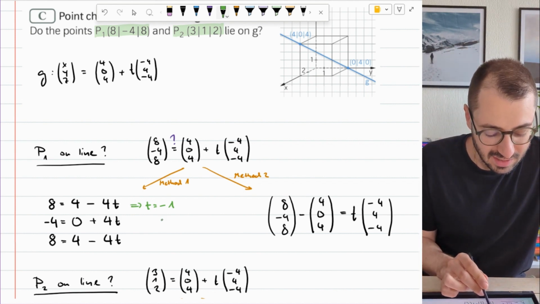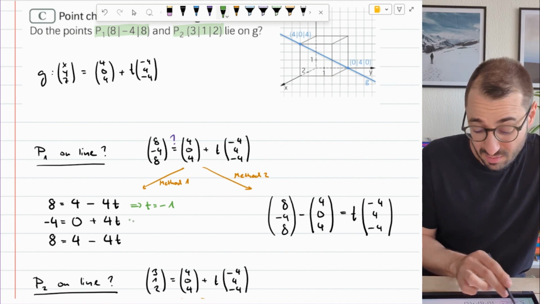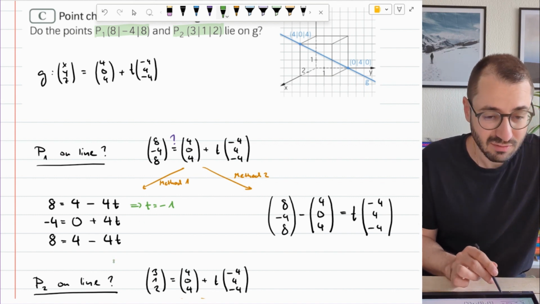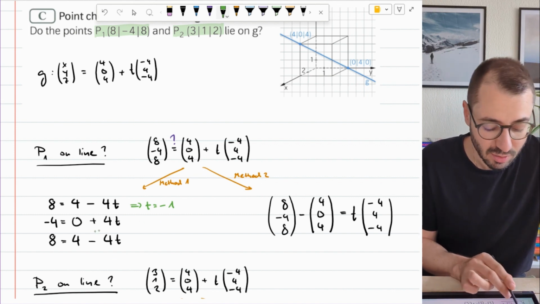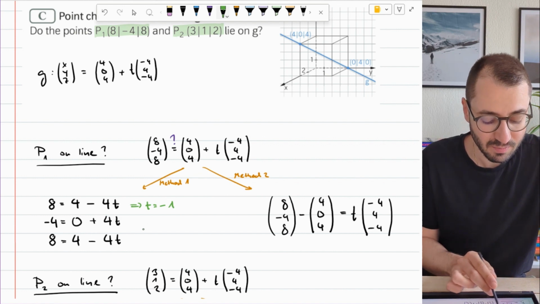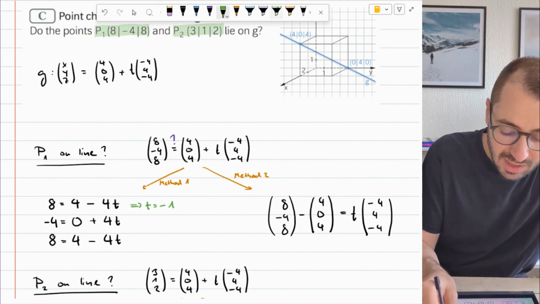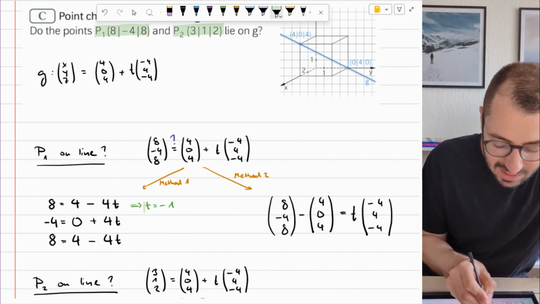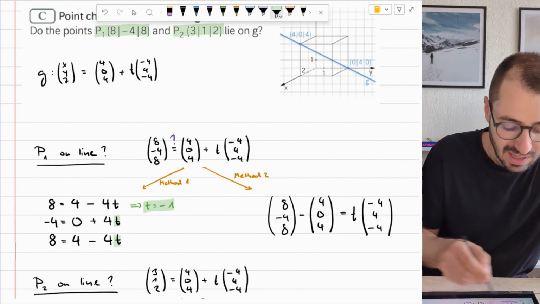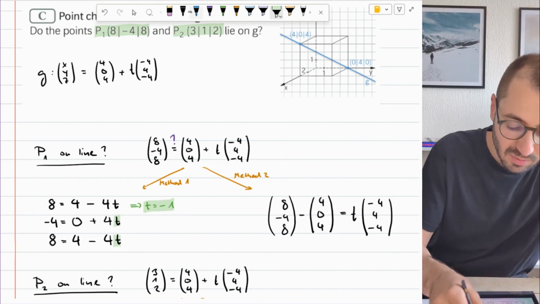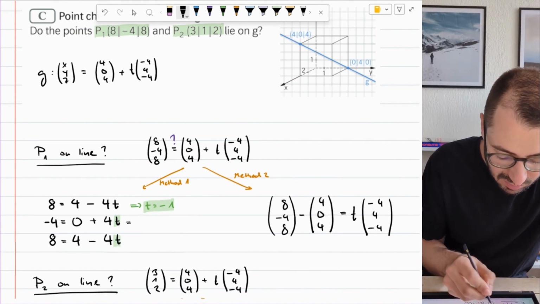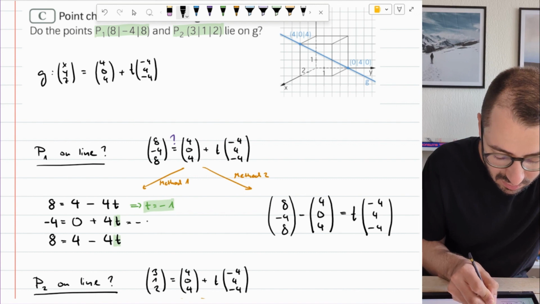This means the other equations should also give us t equals -1. We could solve the other equations and check whether we get t equals -1, or alternatively, we can plug this in and check whether we get that value. If we plug in -1 here, we get 0 plus -4, so it's -4.